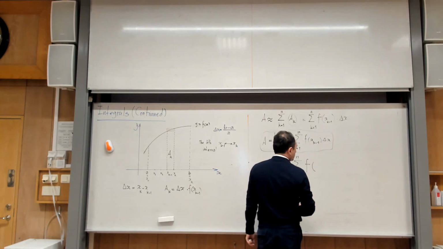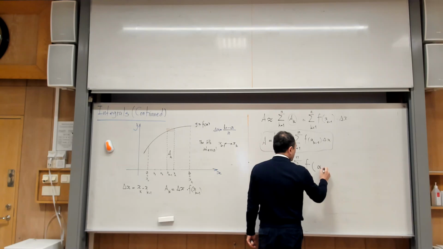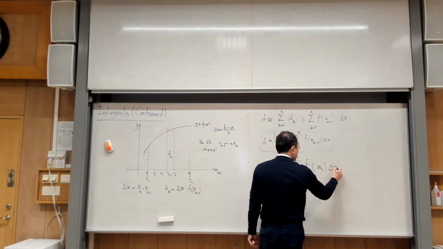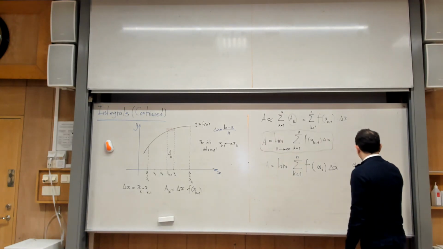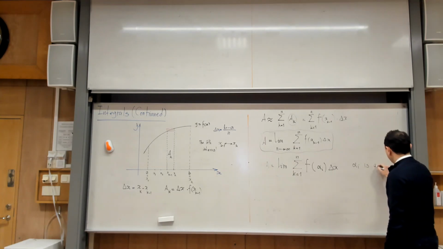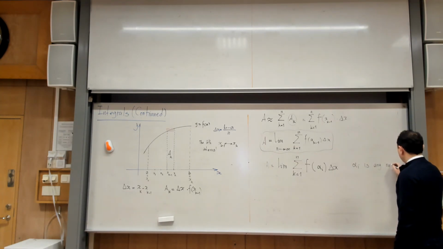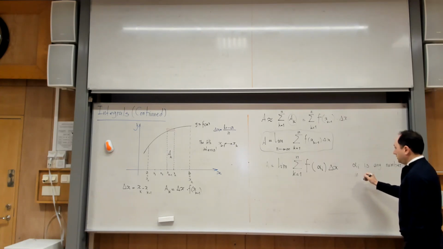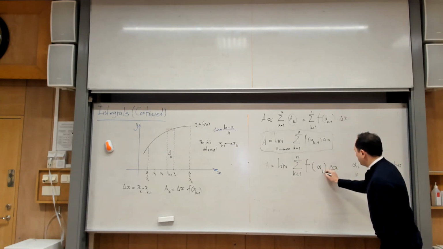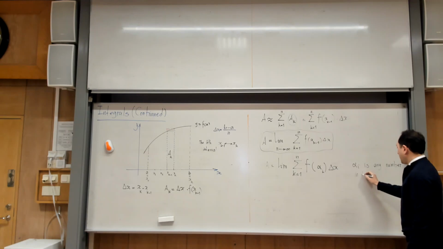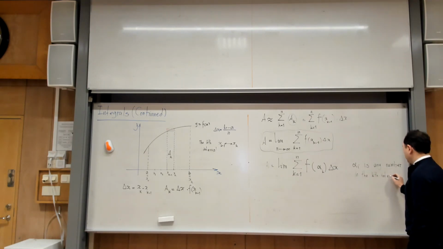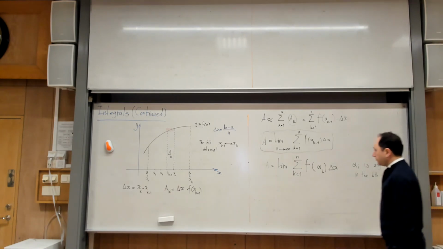So let me write it with a letter, for example, f of alpha k delta x. Alpha k is any number in the kth interval.